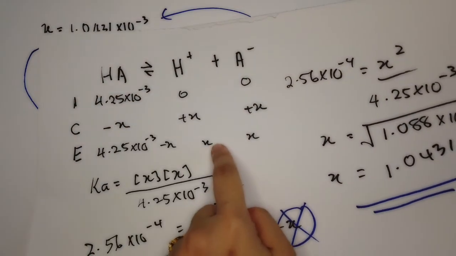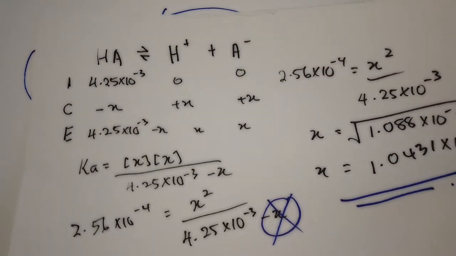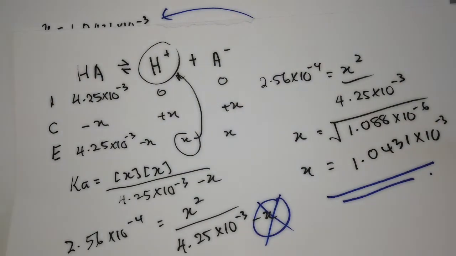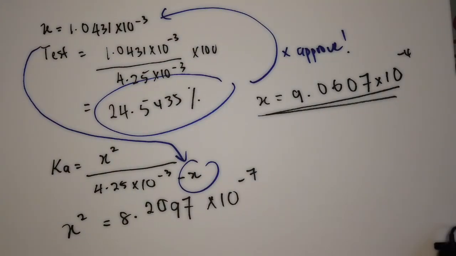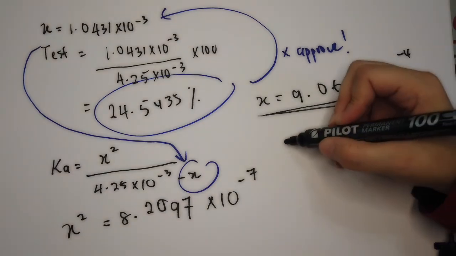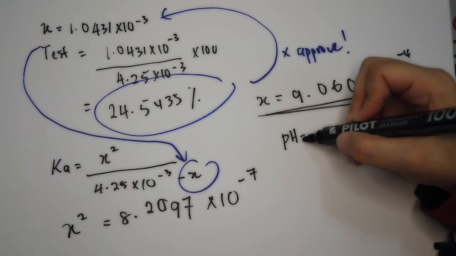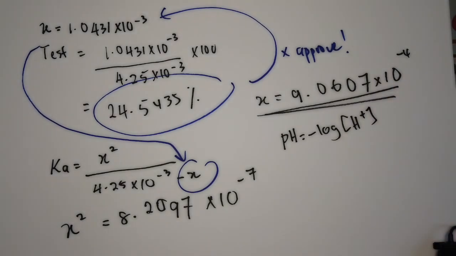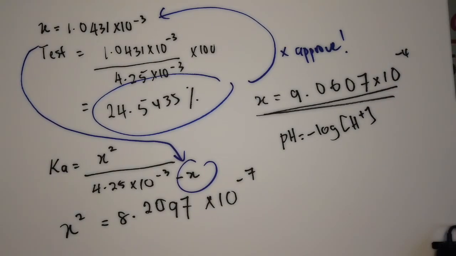The value of X is equivalent to your value of H plus. So X is equivalent to the H plus. When you want to calculate the pH, it is equivalent to negative log H plus. So indirectly, the value of your H plus is this, and you should be able to get the pH.